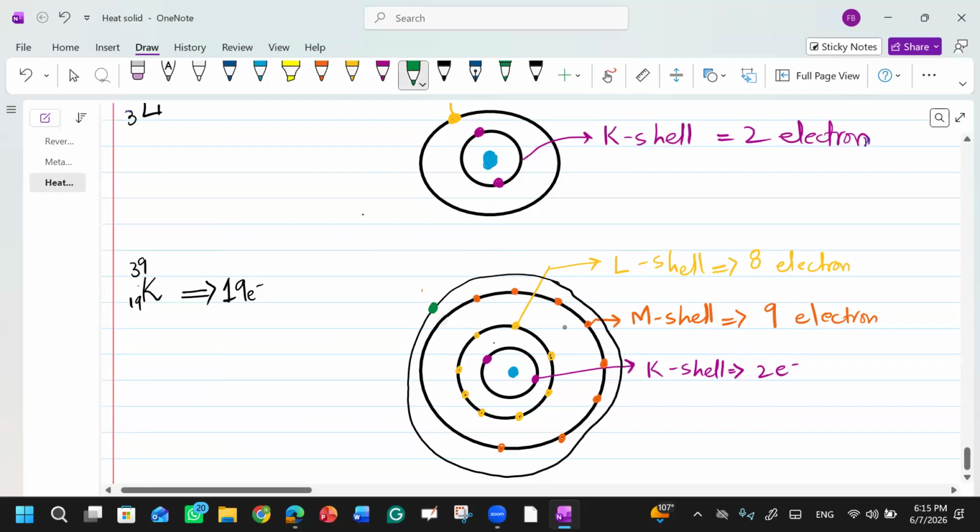The maximum capacity of this is that it can fill with 8 electrons. I will explain how it can have a total of 18. Now this shell is known as the N shell. So one electron is in this shell.